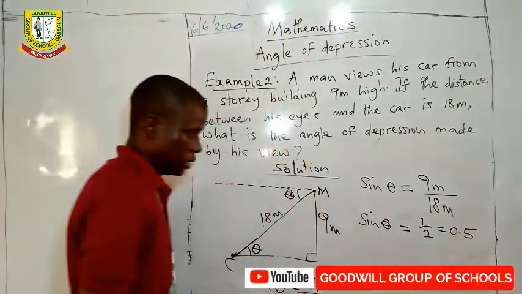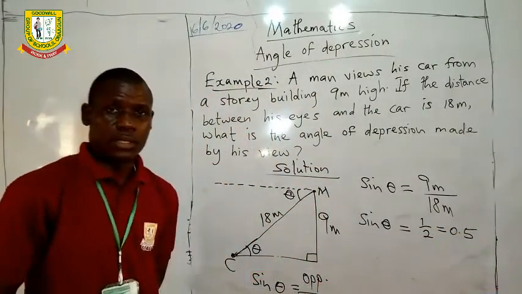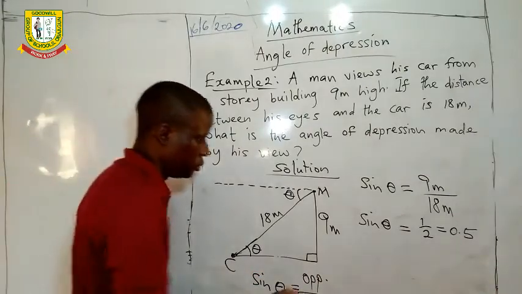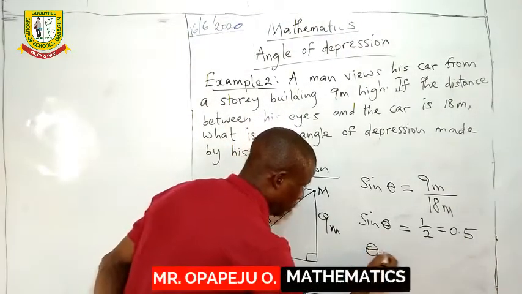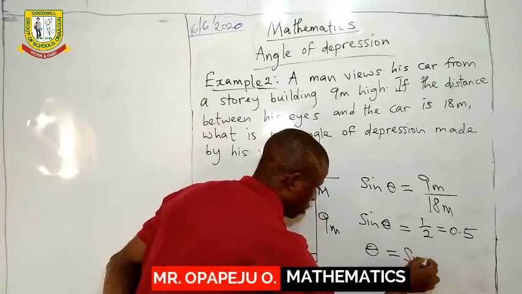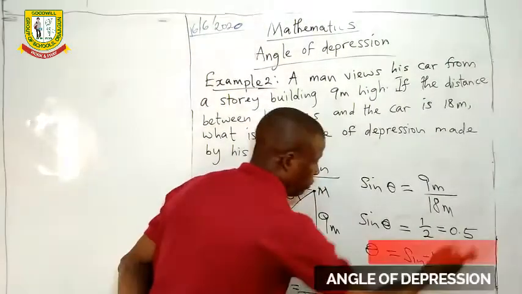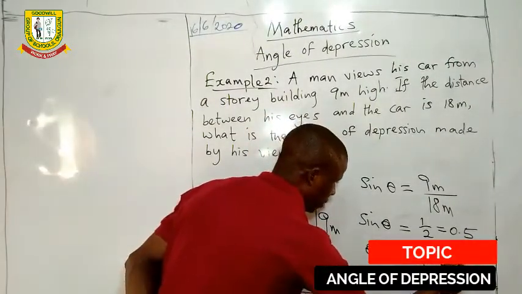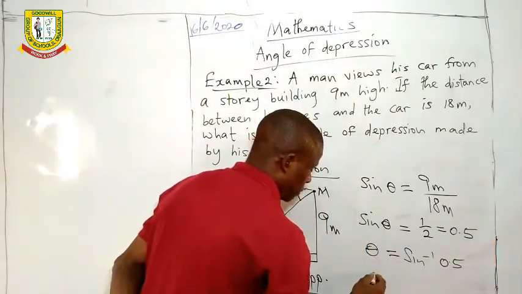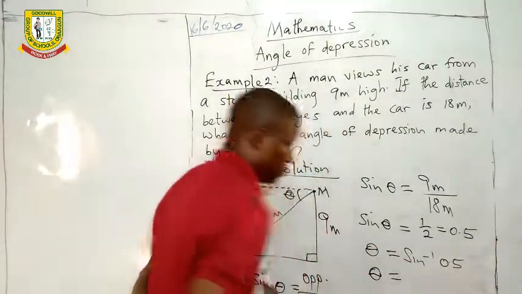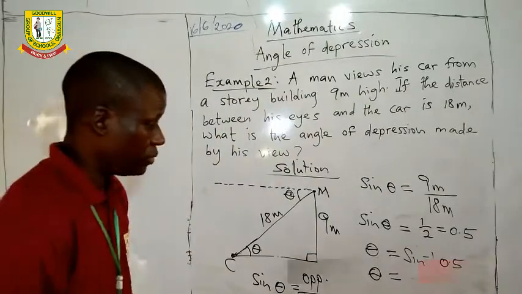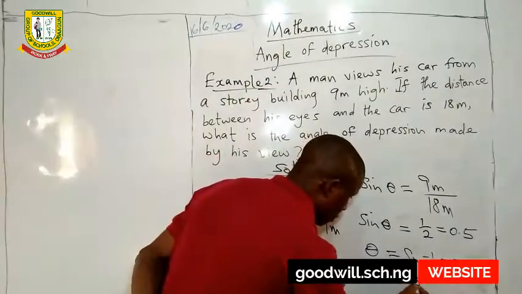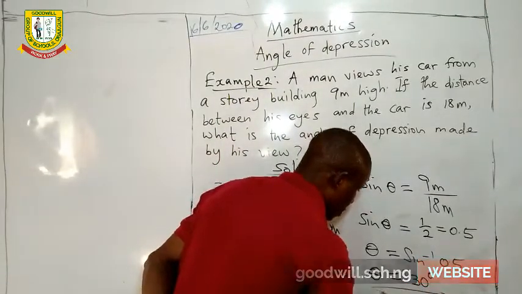0.5. So now for us to get the value of our angle, we can take the sine inverse of 0.5, and the sine inverse of 0.5 is 30. So this gives us 30 degrees.